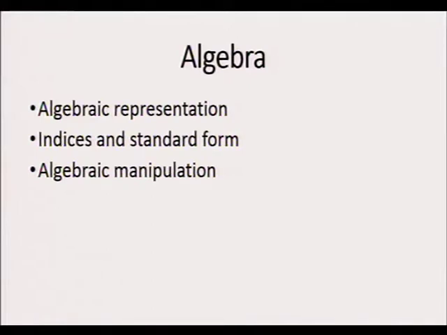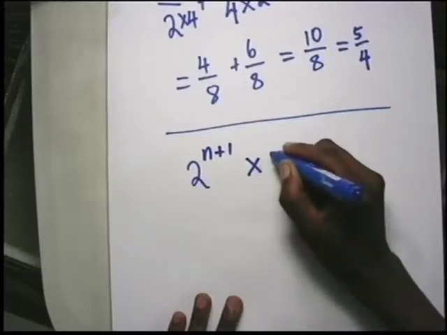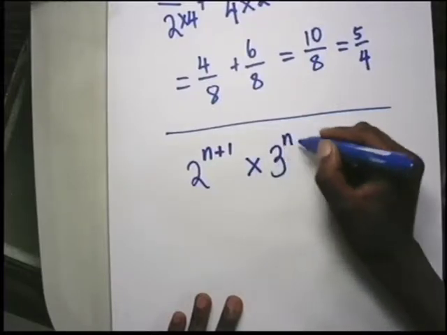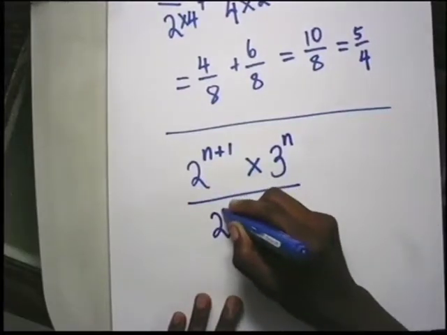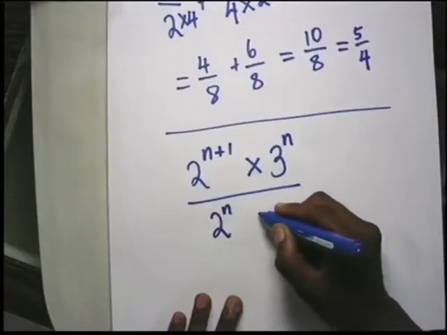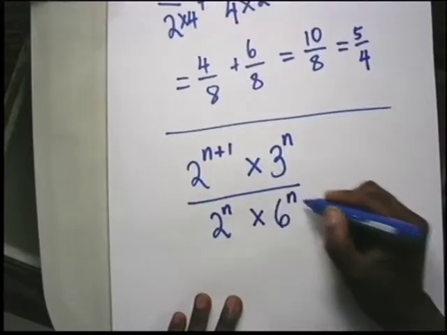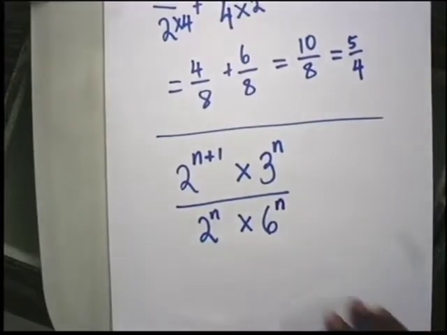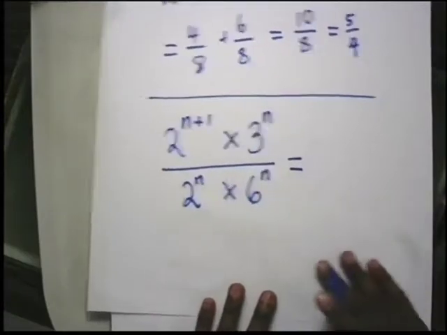A good example will be when it comes to indices. Let me say you are given 2 to the power of n plus 1 multiplied by 3 to the power of n over 2 to the power of n times 6 to the power of n. So you should be able to solve this expression, and the following are the steps that you should follow.